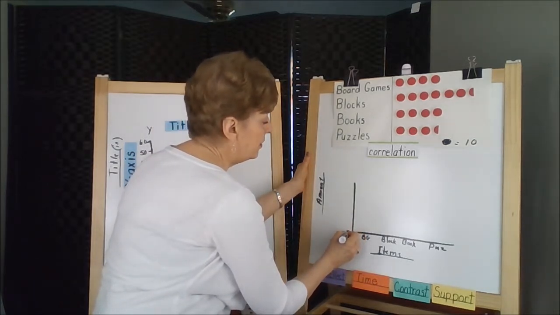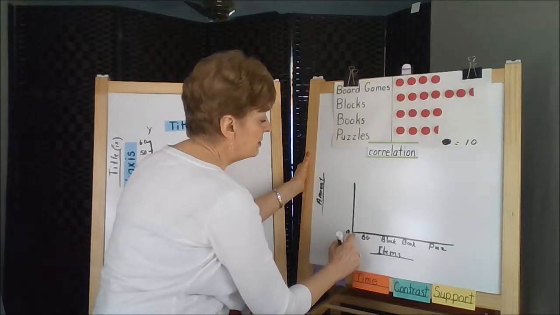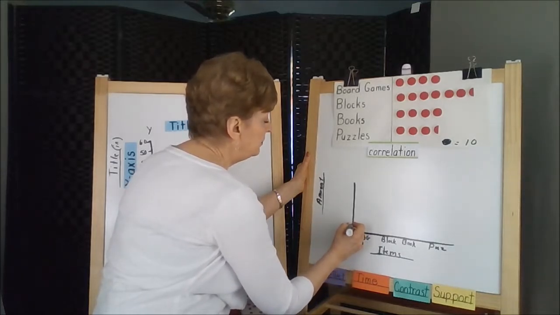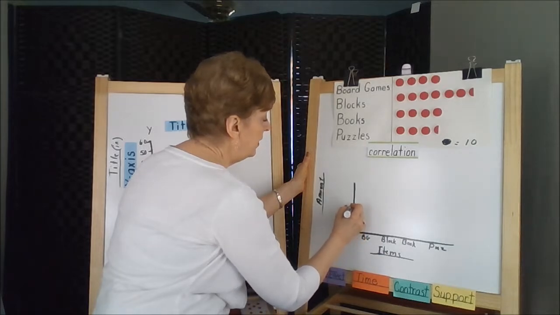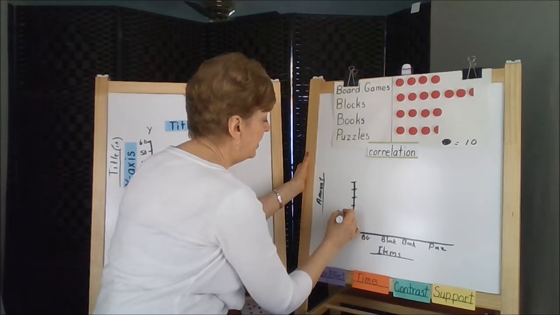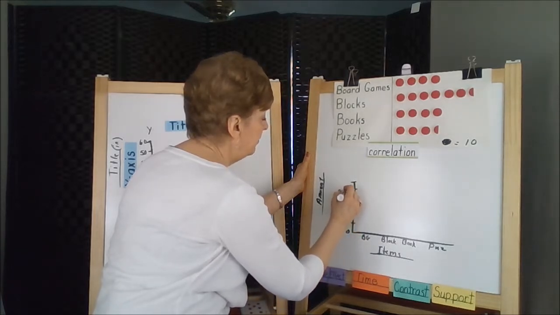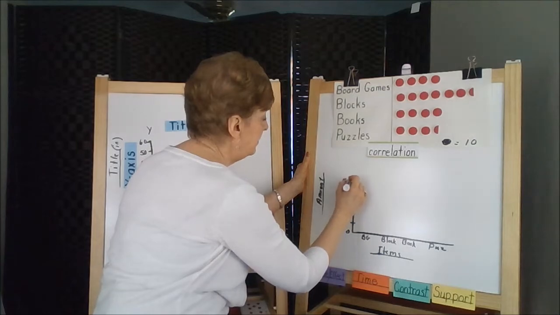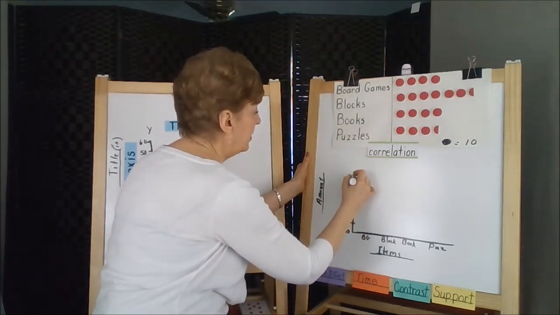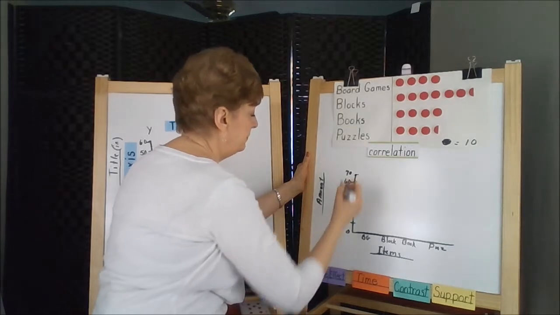It always starts out with 0 where the two lines meet. The vertical and horizontal is always the 0 point. 10, 20, 30, 40, 50, 60. So we're going to mark them 10, 20, 30, 40, 50, and 60. I have a little bit of room, so I'm going to go to 70.